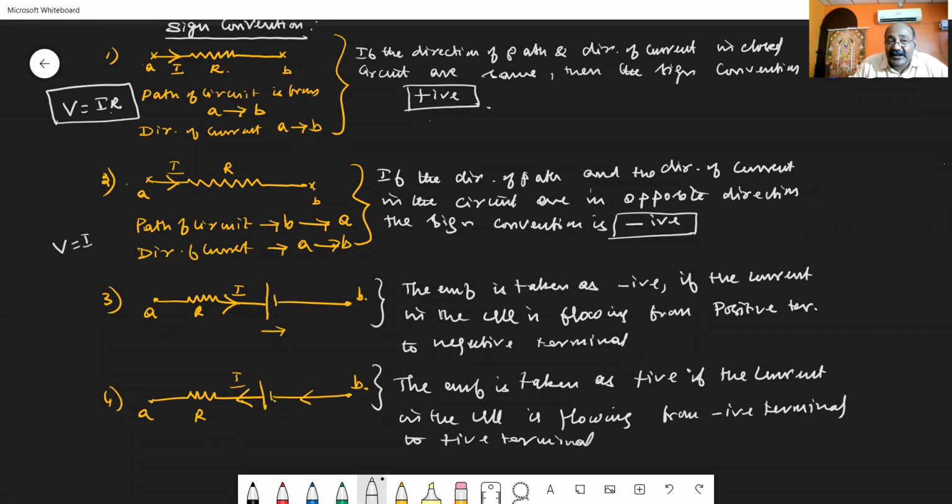Now the sign convention for voltage V equal to I into R is negative, so I have to put it as minus. If the current in the cell is flowing from positive to negative, then the EMF is minus. If the current in the cell is flowing from negative to positive, then the EMF is taken to be positive. That's all.